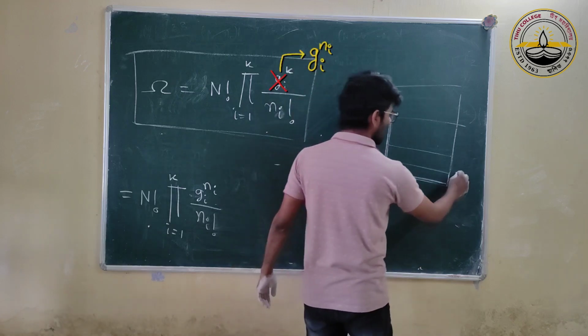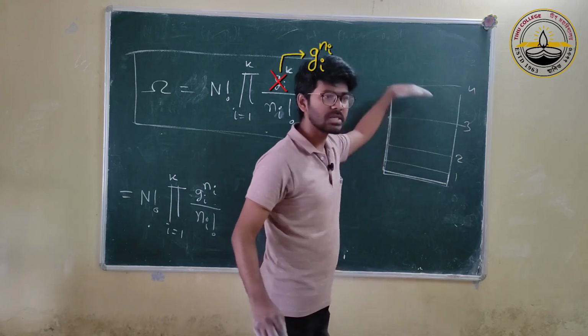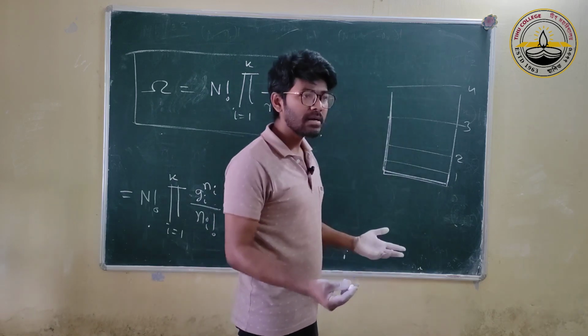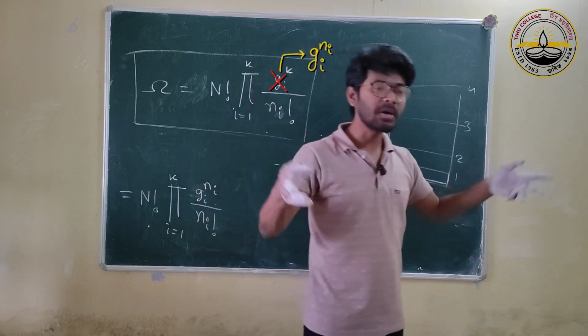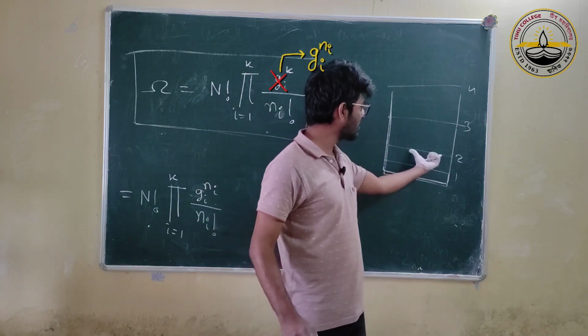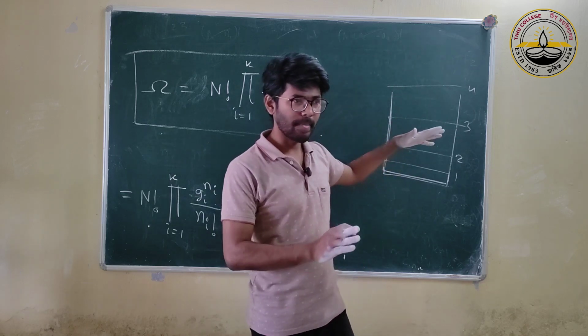So some 1st level, 2nd level, 3rd level, 4th level. You can think of them as boxes. And there could be, let's say, 10 particles given. So you can put 2 of them here, 3 of them here, 1 here, 5 here. So this is the problem.